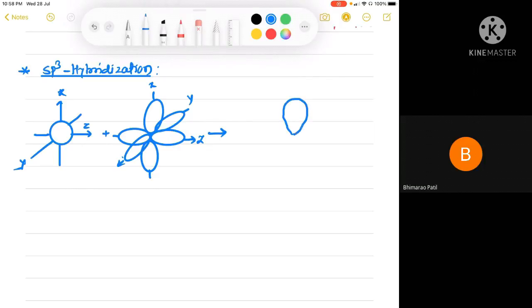Then that becomes, this is the first one, this one is the second, and this is the third one.